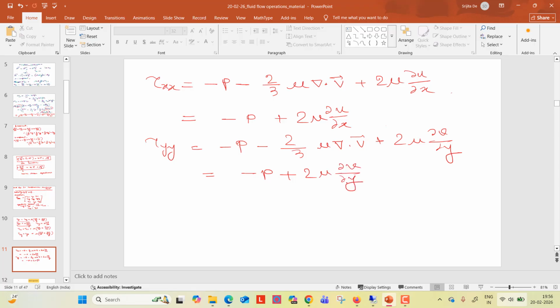Similarly, tau zz will be minus p minus 2/3 of mu divergence of v plus 2 mu del w del z, and in case of incompressible fluid it is minus p plus 2 mu del w del z. Okay. Now we have got all the terms of stress component, right?